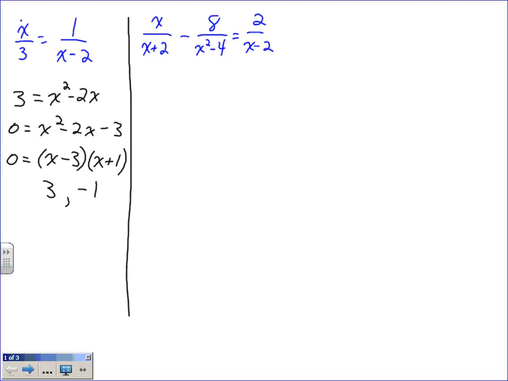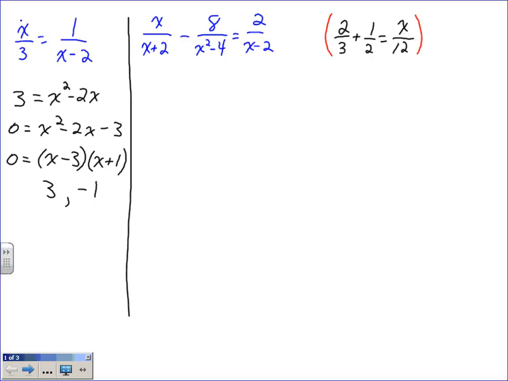If I had a problem over here, like maybe 2 over 3 plus 1/2 is equal to x over 12. Didn't we have a problem where we could have cleared fractions and multiplied this whole thing by something?